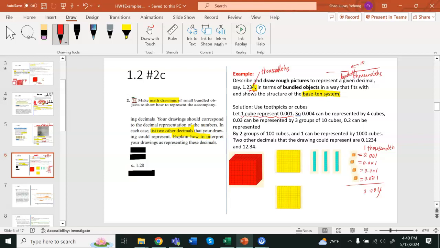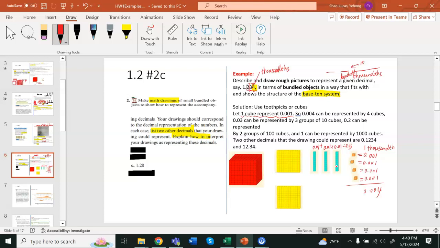So we need to take 10 cubes, each the same as the cube we have here, and stack them together. That's going to be a hundredth, which is 0.01. This is also 0.01, and this is also 0.01, because we need 3 hundredths. So together you get 0.03.